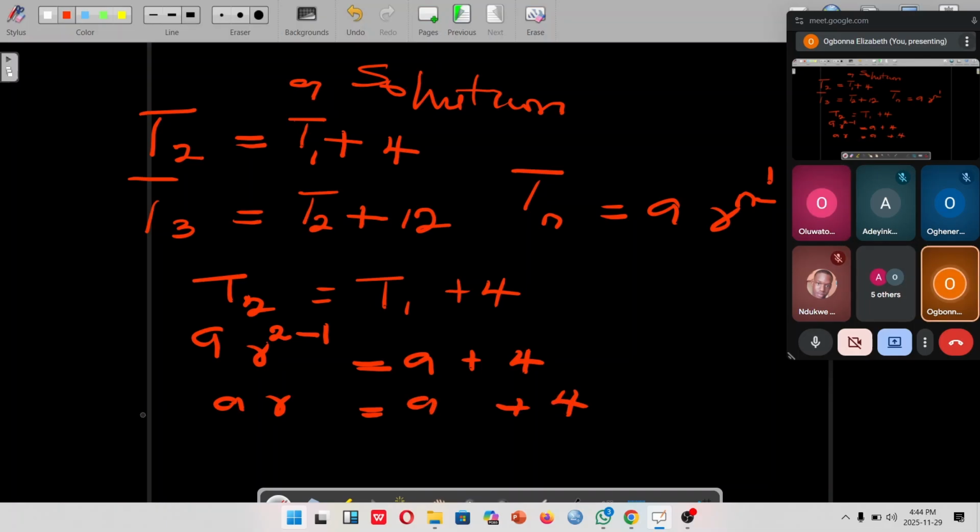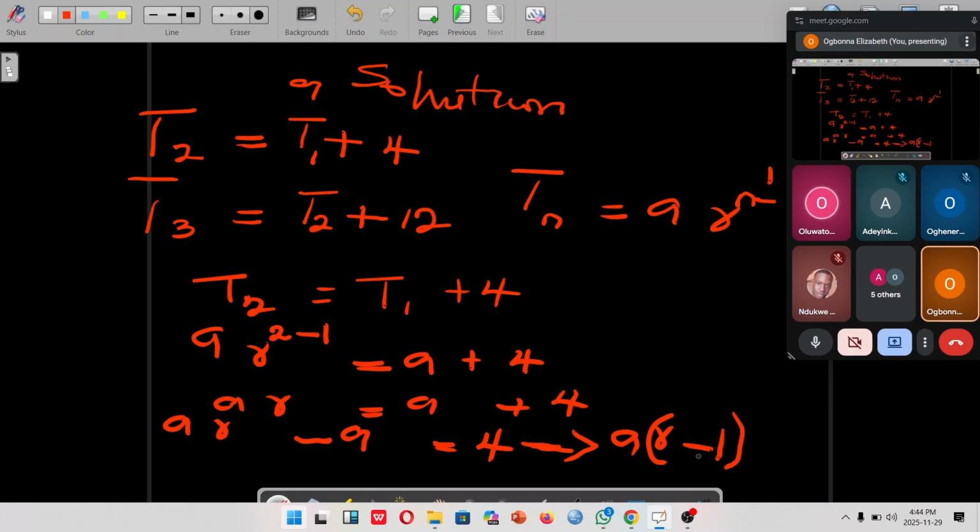So with this, I collect like that: AR minus A equals to what? 4. This implies that my A is common, isn't it? I have R minus 1 equals to what? This is equals to 4.